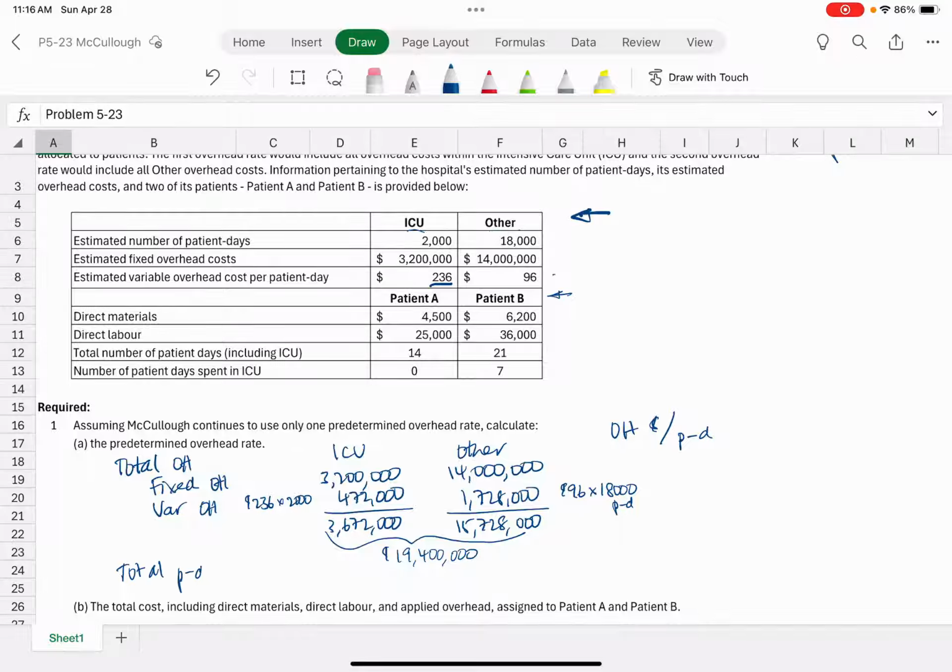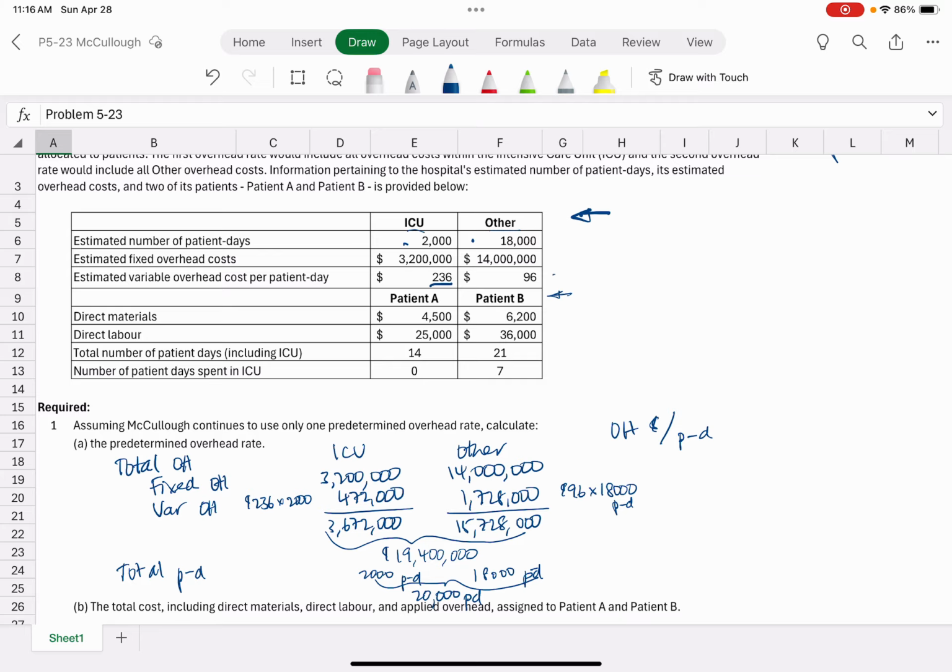Total patient days. They give us that information. For the ICU, it's 2,000 patient days. Other, 18,000 patient days. That's just coming from right up here in the table. Add these together, I'm running out of space here, 20,000 patient days.